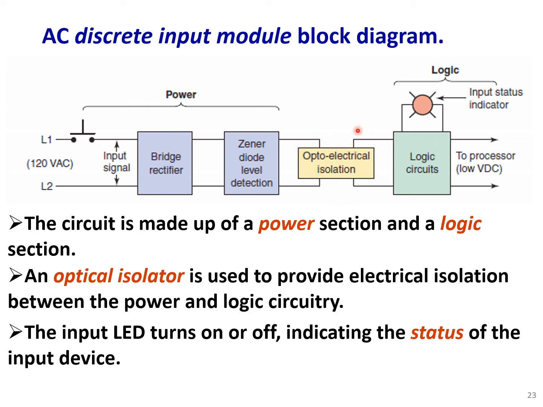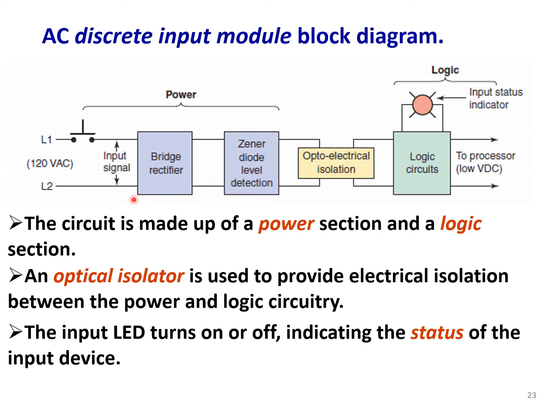And this part is very specific to industrial PLCs to increase reliability of the data. The input LED turns on or off, indicating the status of the input device. Okay, so this is the input status indicator. It's just the LED on the front panel, and the operator could see the status of that point or the terminal.